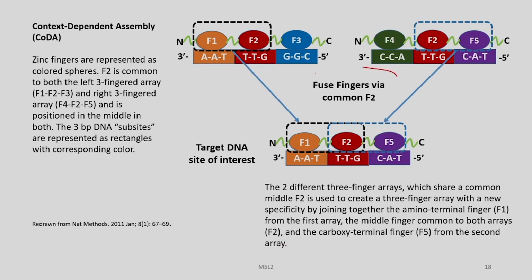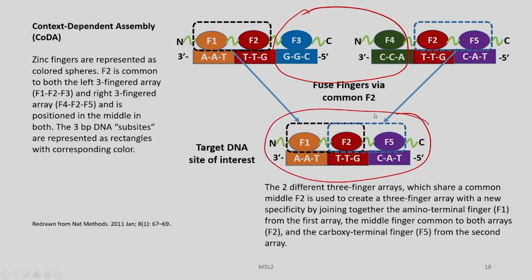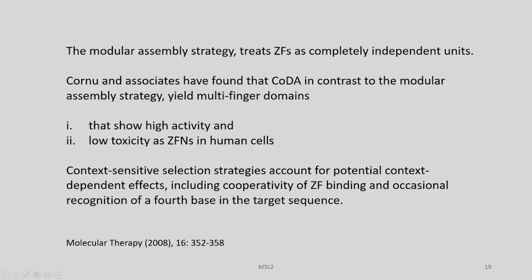So, due to this fusion, F3 and F4 are removed, and this combination of F1, F2, F5 now gives a new kind of specificity. This modular assembly strategy treats ZFs as completely independent units.